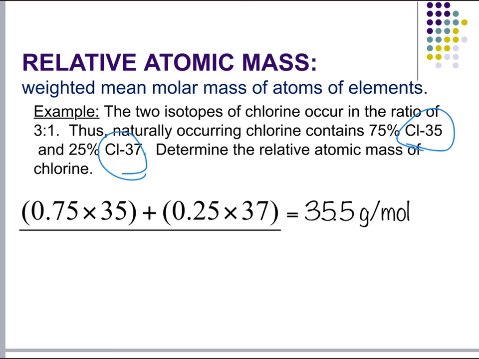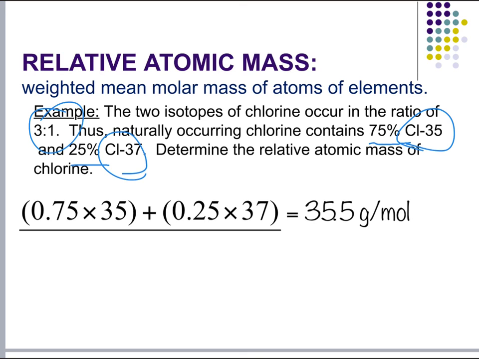So the question actually gives us the percent abundance. Key term there, percent abundance. So this says I have 75% chlorine-35 to 25% chlorine-37. So it's a 3-to-1 ratio basically.